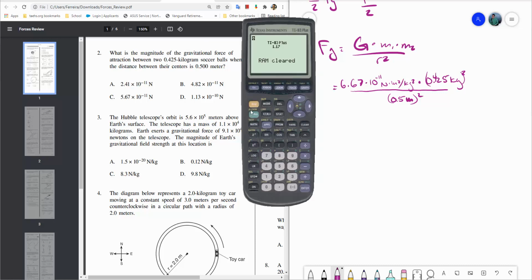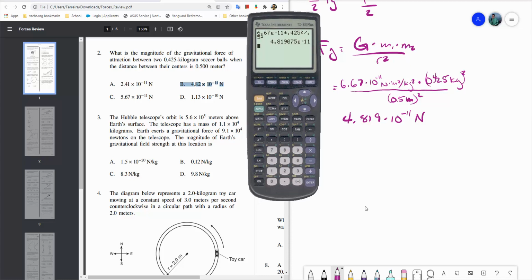So 6.67 e to the negative 11 times 0.425 squared divided by 0.5 squared equals 4.819 times 10 to the negative 11. 4.819 times 10 to the negative 11 newtons. That is answer choice B on the answer table.